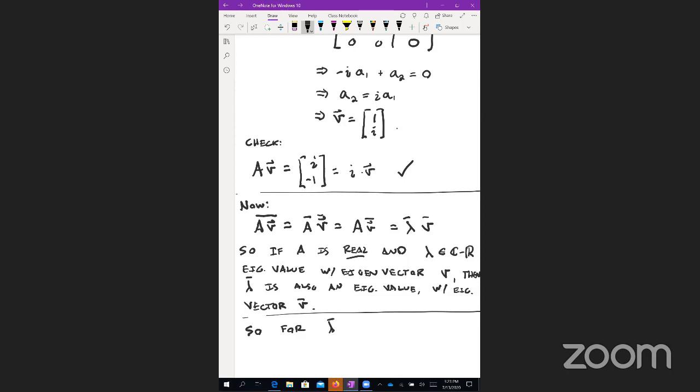So for lambda bar equals minus I, the corresponding eigenvector is 1, minus I. Okay, any questions? Because I'm doing a lot, especially if you haven't seen complex numbers before. I'm using things like complex conjugate very fluently, which, if you haven't had a lot of experience with the complex numbers, may be a little difficult.